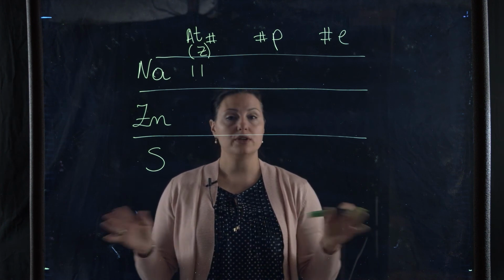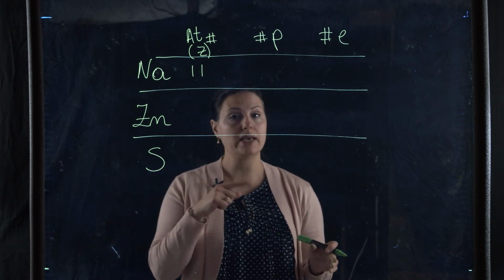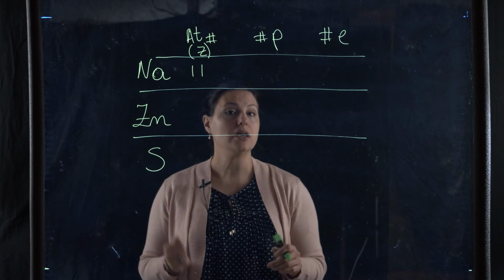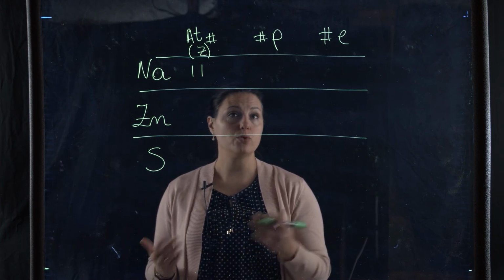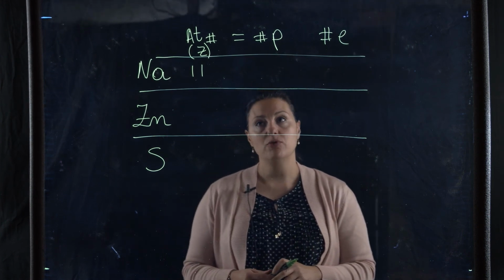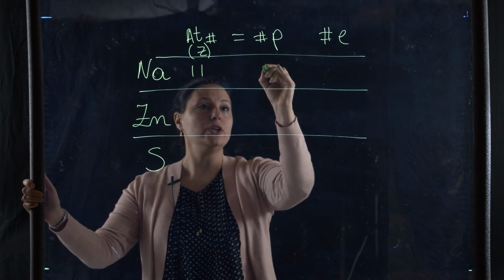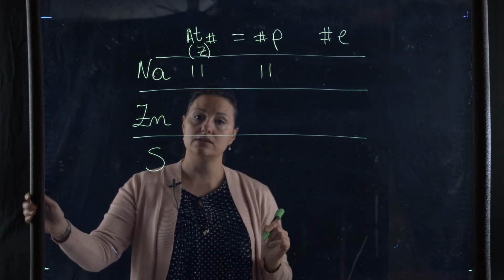You can know the number of protons for any element just by looking at the number right above it. That number tells you the atomic number, which is equivalent to the number of protons. Therefore, because sodium's atomic number is 11, we know that sodium has 11 protons.